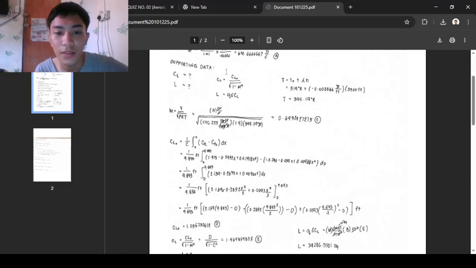So this one, since we have a 0.6 Mach number, under the Prandtl-Glauert rule.